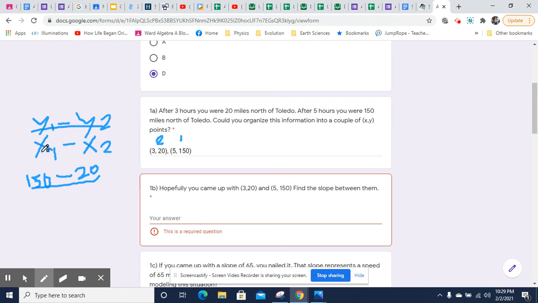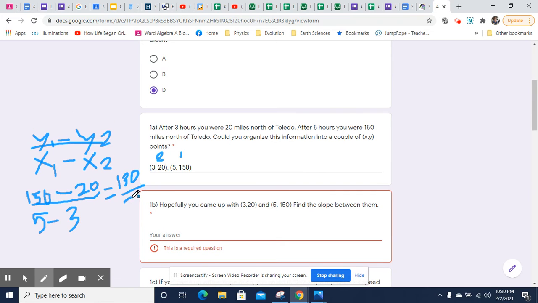Then we set up the x change: x1 is 5, and we subtract x2, which is 3. 150 minus 20 is 130, and 5 minus 3 is 2, which can further simplify into 65.